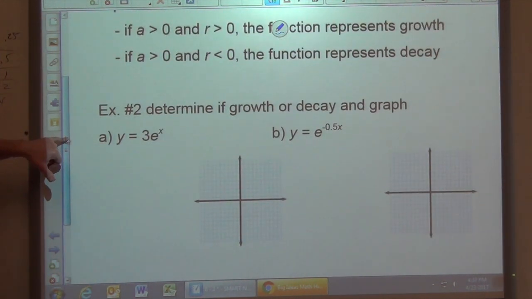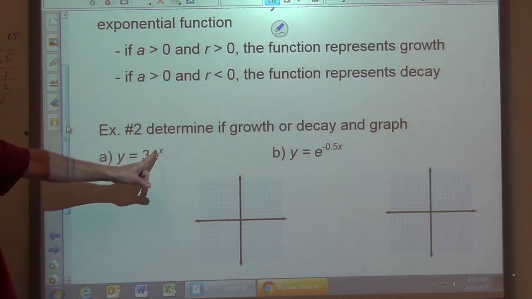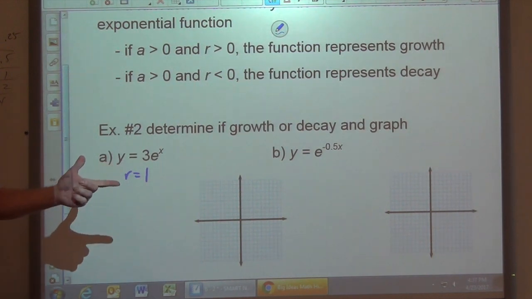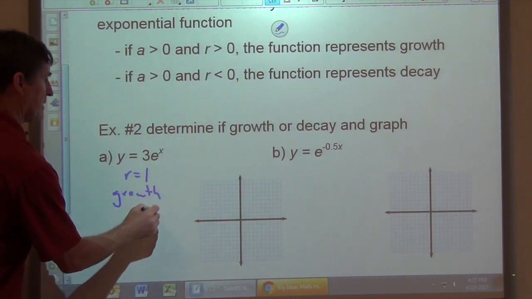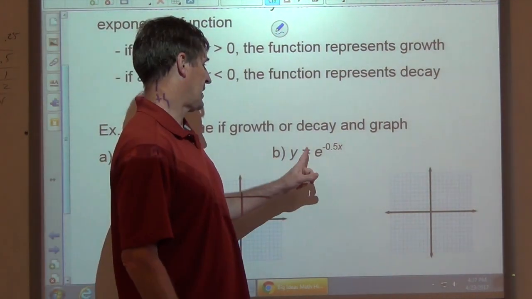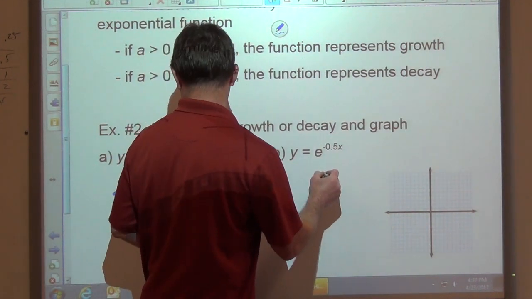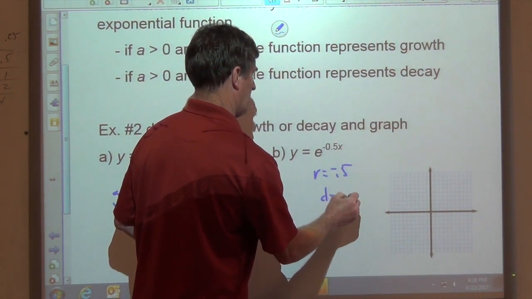So if we look at these problems, we're looking at the r value. In this case our r value would be 1, which is greater than 0, so this would be a growth. And e to the negative 0.5x, since our r is negative 0.5, that would be a decay problem.